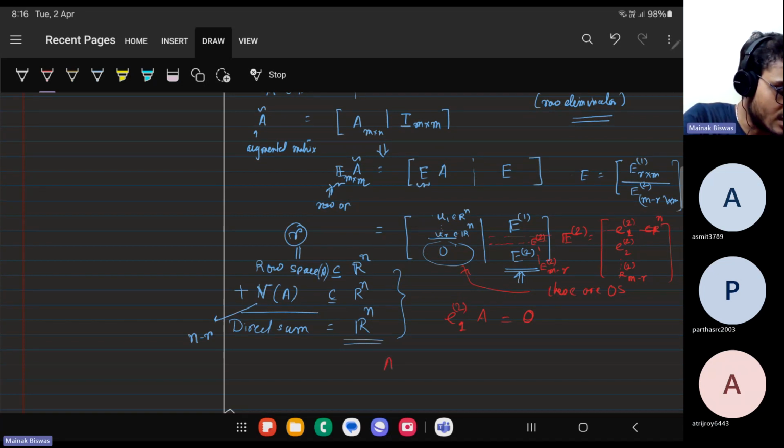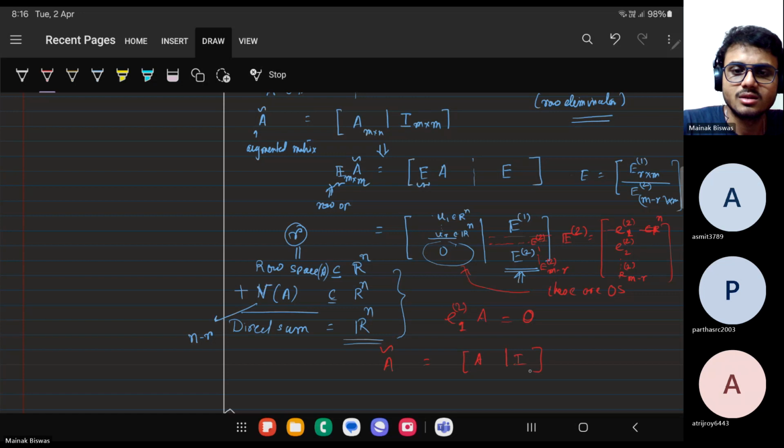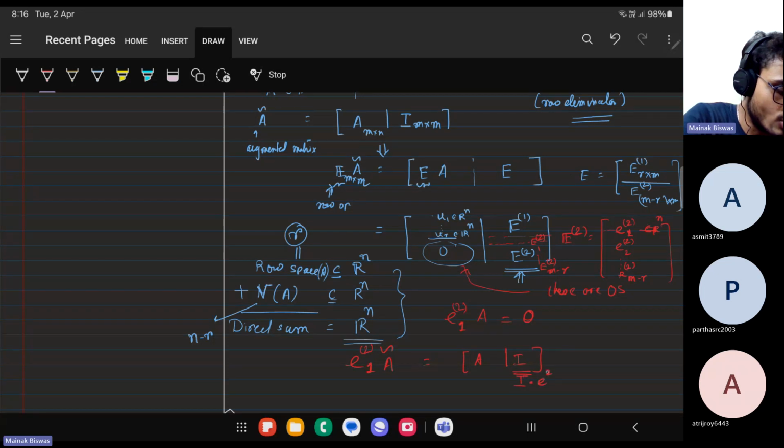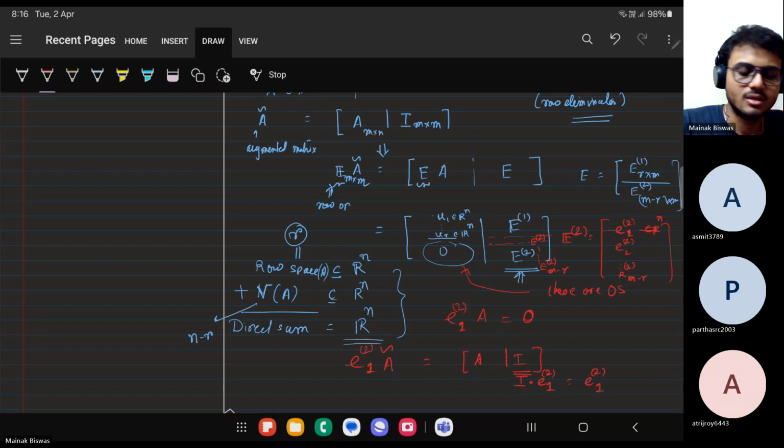See this A tilde, what is it? It is A comma I, right? This is the augmented matrix, and I multiply one elimination row, that is E21, such that this becomes I into E21, which is equal to E21, right?